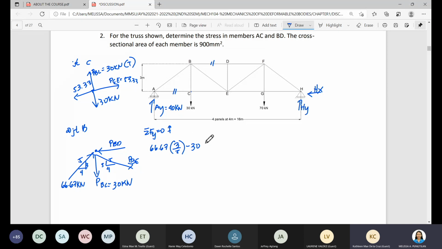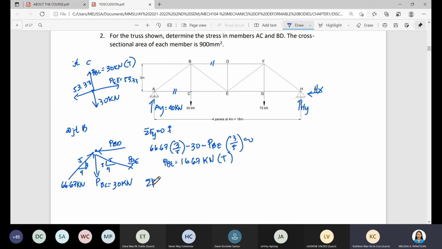Tapos PBE minus slope is also 3 all over 5 is equal to 0. So this is equal to yung ating force BE is equal to 16.67 kilonewton. Then taking the summation, this one is in tension.